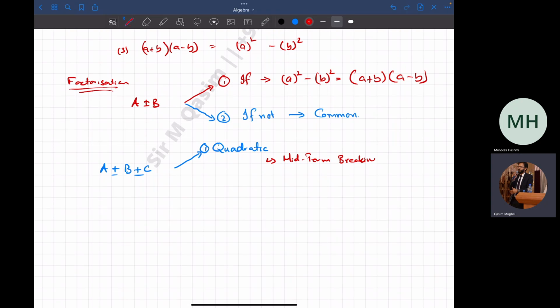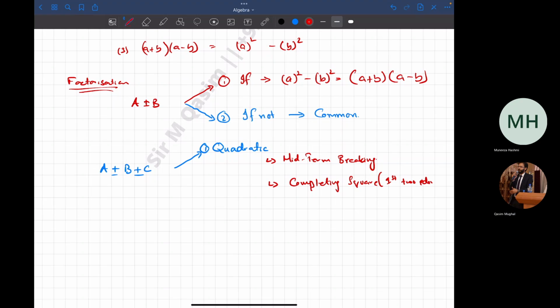You will factorize them by using the middle term breaking method. You can also factorize them by completing the square, as in by using the first 2 identities.